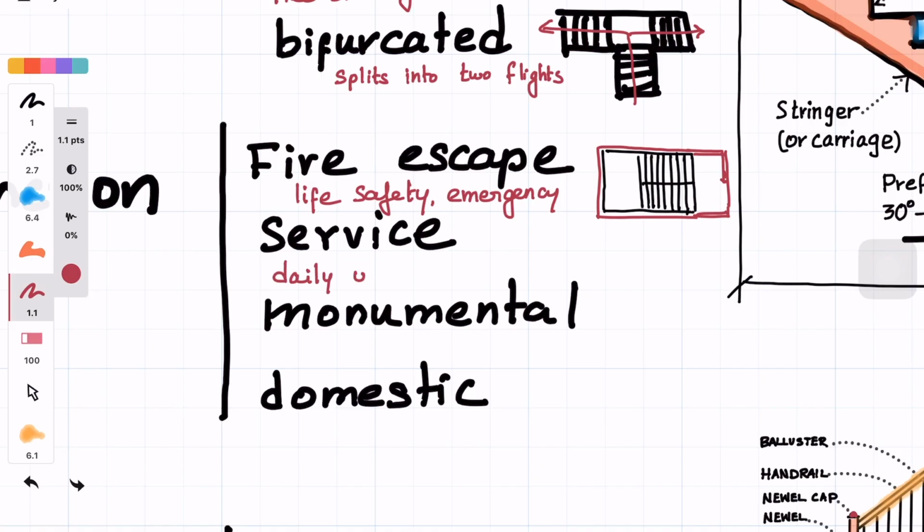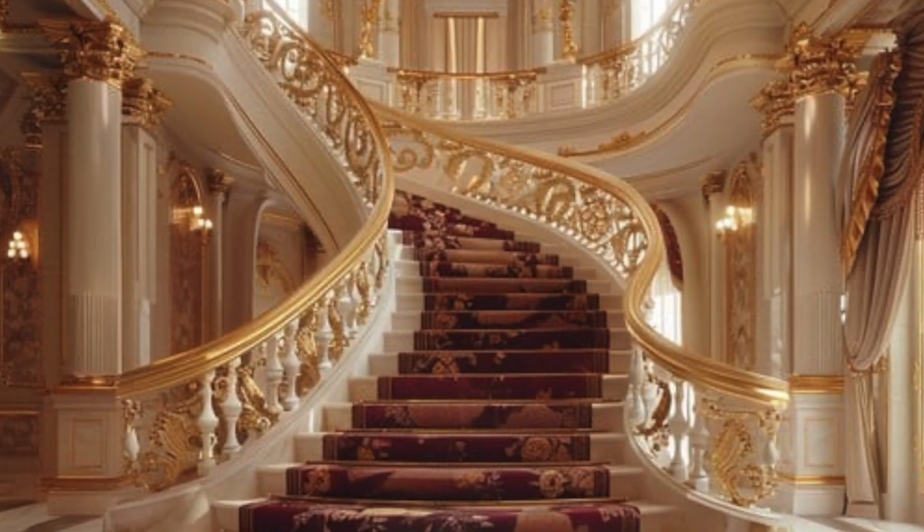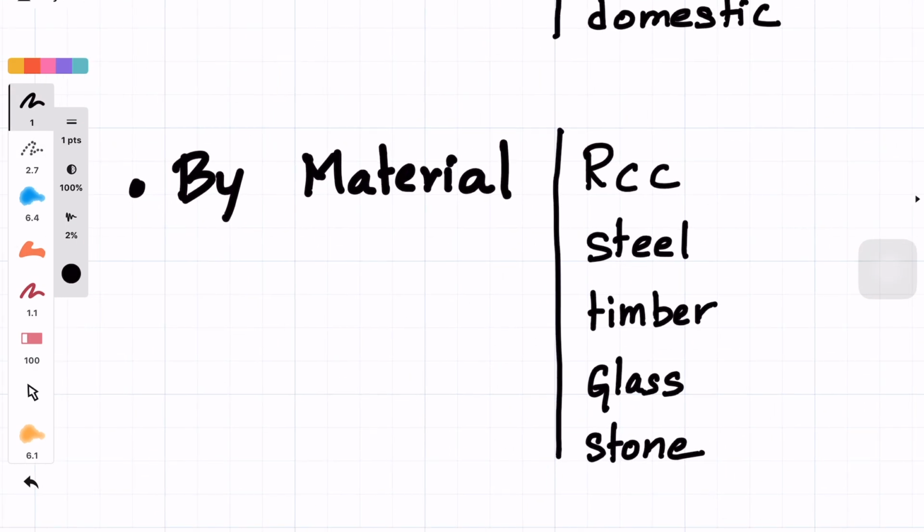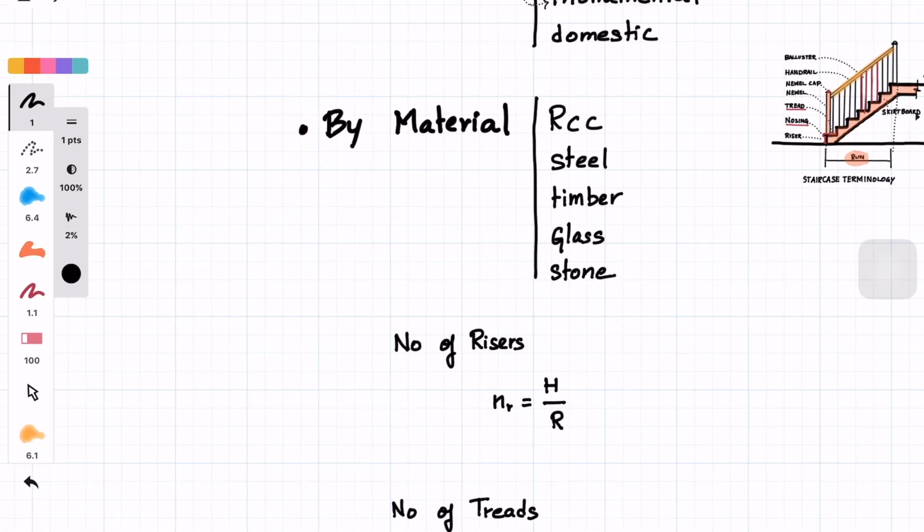Monumental staircase is mainly for showing the grandness of the building. Mostly the bifurcated or helical staircase will be used as monumental. By material, as we all know: RCC, steel, timber, glass or stone.